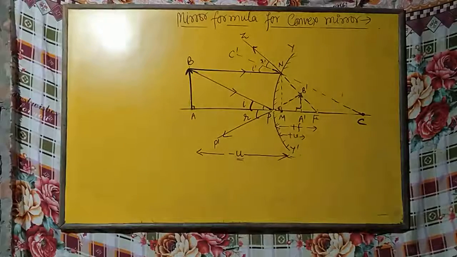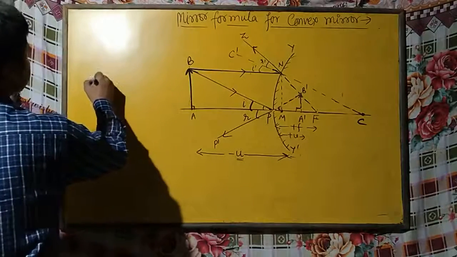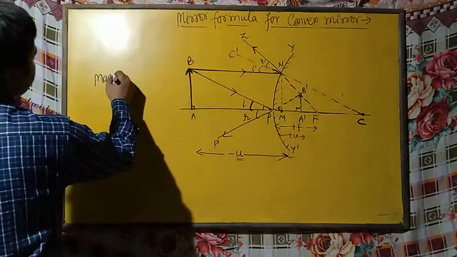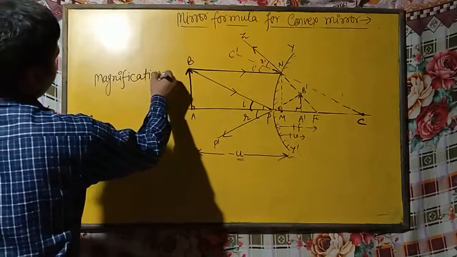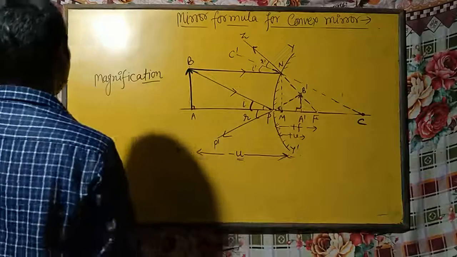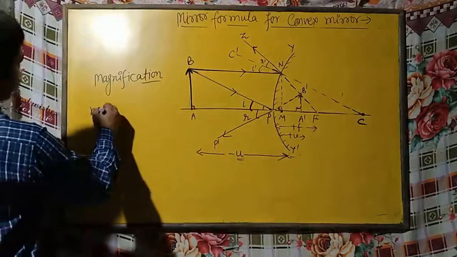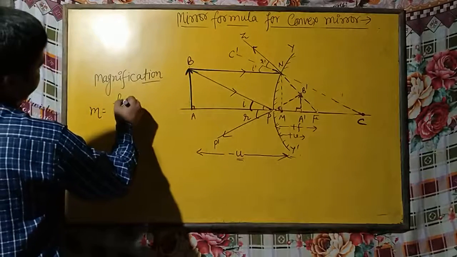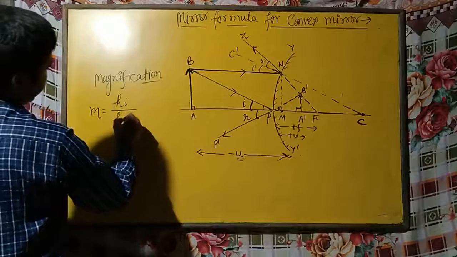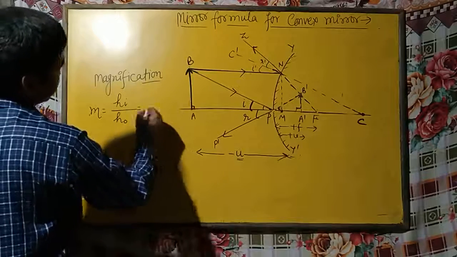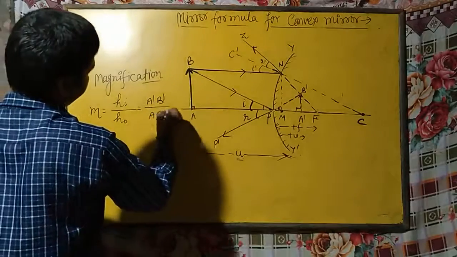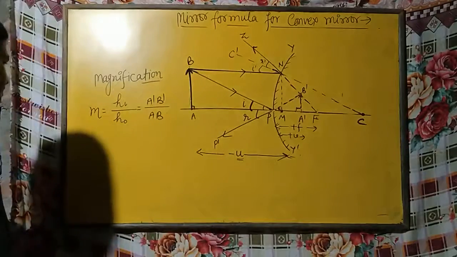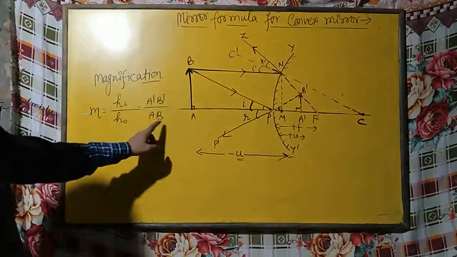Magnification is defined as the height of image to height of object, that is a dash b dash upon ab. Now we need the value of a dash b dash upon ab.